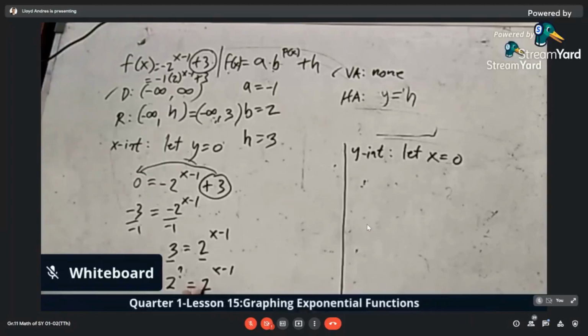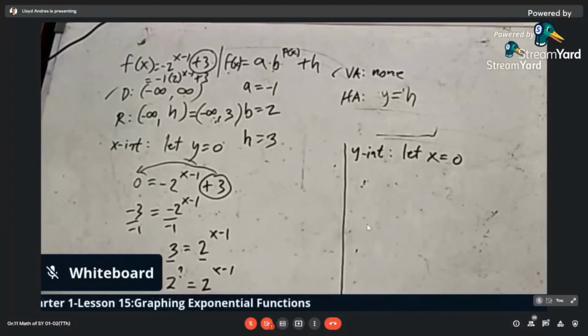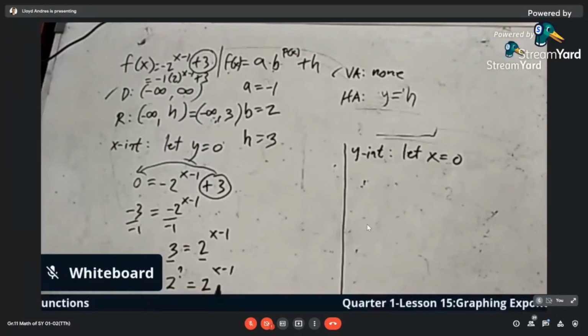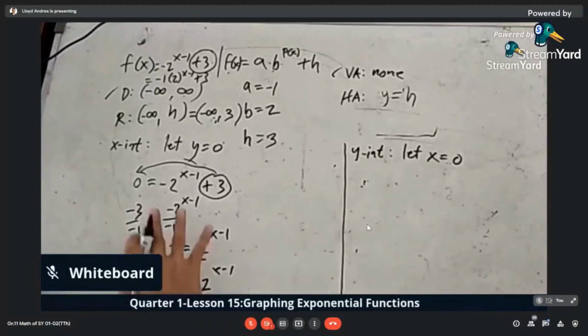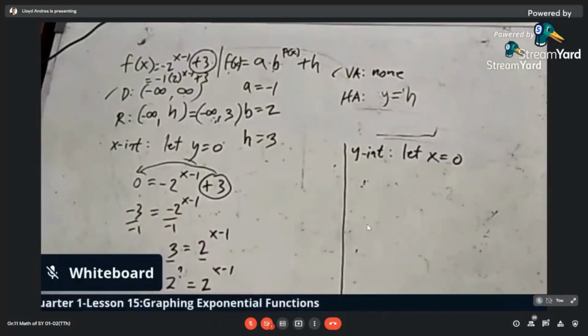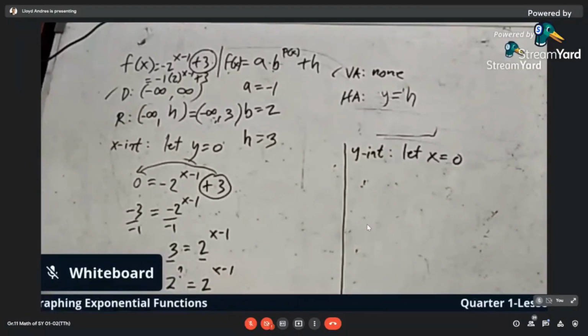So, posible man gud ni ma-solve using logarithmic function. So, for the meantime, wala pa man ni. So, mo-declare lang sa taog none. For the meantime. Pero later on, sa logarithmic, naani siya solution actually.